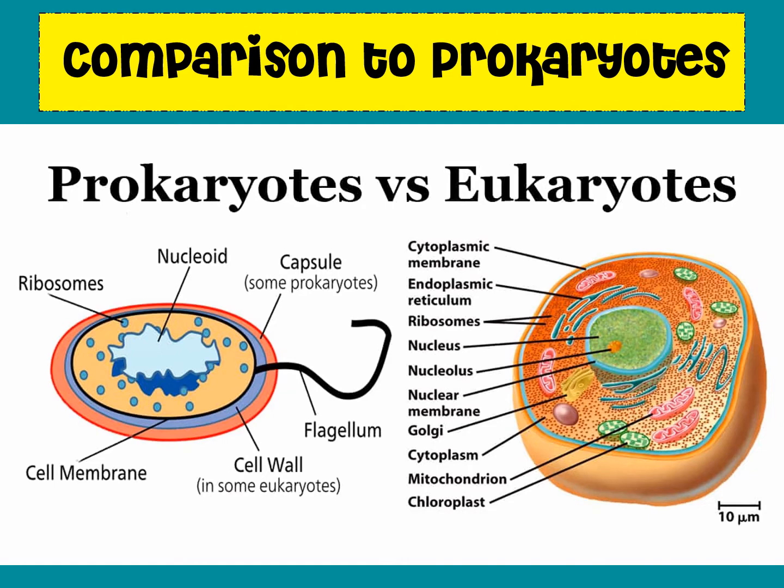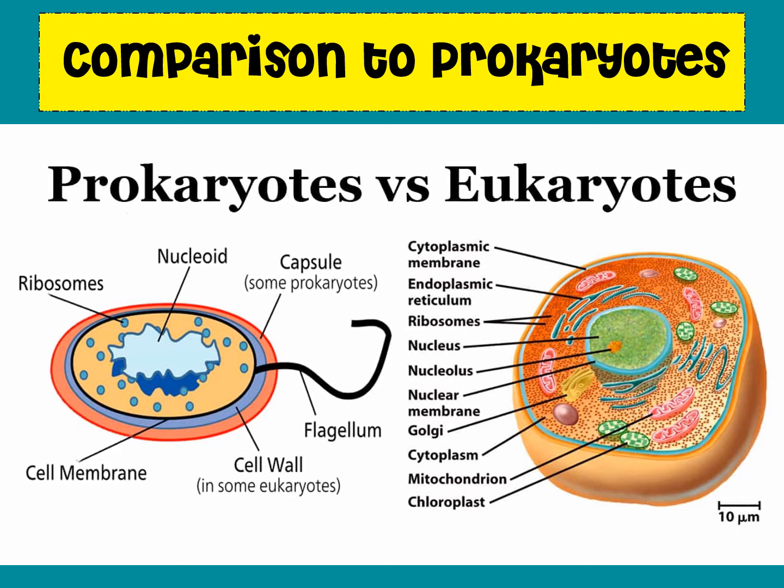Take a look at this diagram here, and you can see the main differences between prokaryotic and eukaryotic cells. So like we stated in the last lecture, prokaryotes are very small and very simple. They are thought to be the first life forms here on Earth, and they contain things like a cell membrane, a cell wall, DNA, and ribosomes, and they usually have some sort of flagellum or cilia for movement.